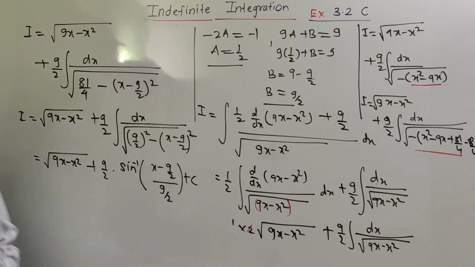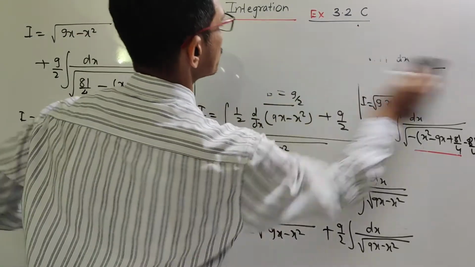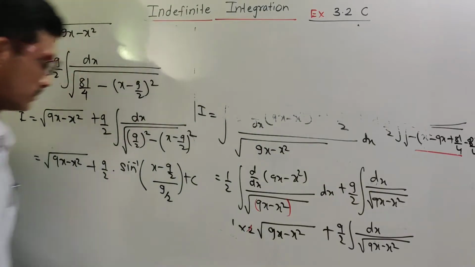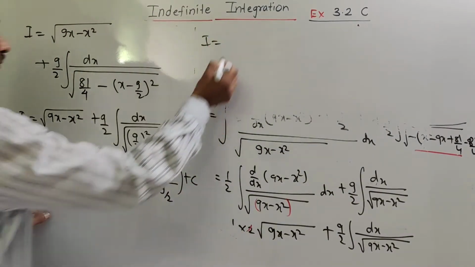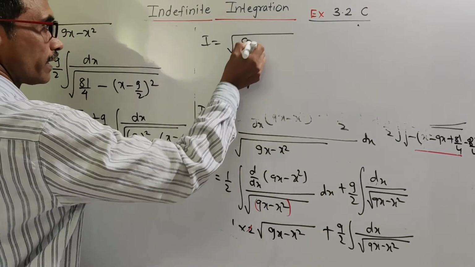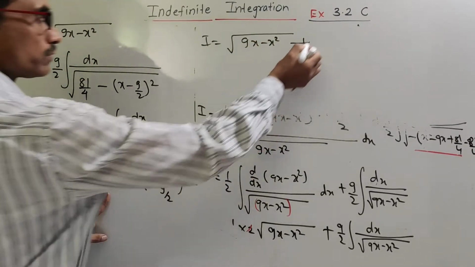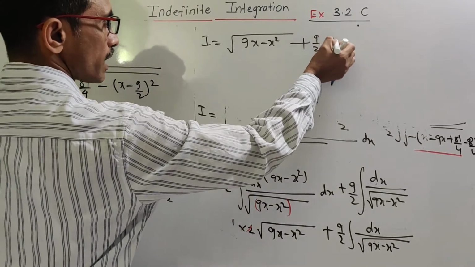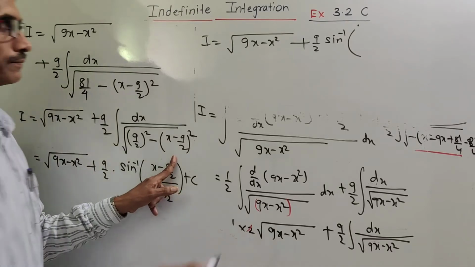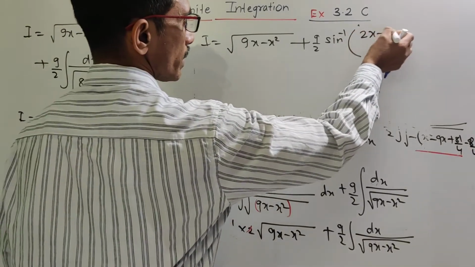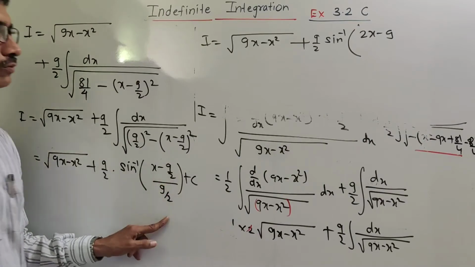So the last answer we can write as I is equal to root of 9x minus x square plus 9 by 2 sine inverse of 2x minus 9 upon 2, and this 9 by 2.